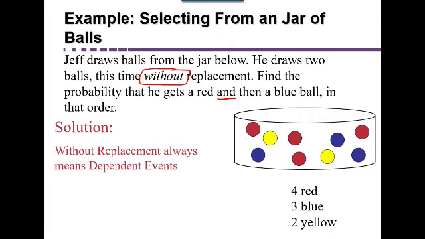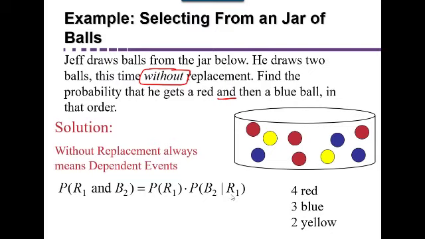And that's right, it'll be no repetition too. We're not going to get the same ball twice. So let's count how many of each color we have. We have 4 red, 3 blue, and 2 yellow. Now what we're looking for, this is my notation: R1 means we drew a red ball on the first draw, and B2 means we drew a blue ball on the second draw.